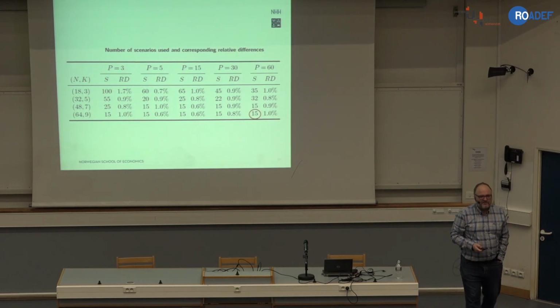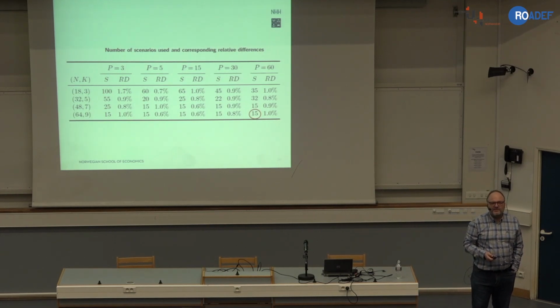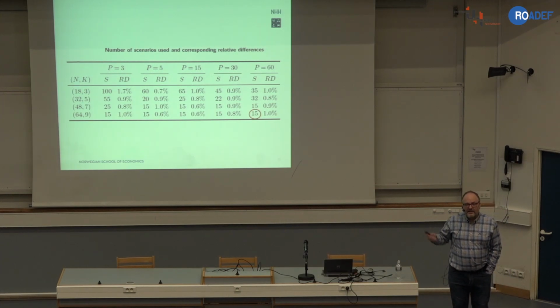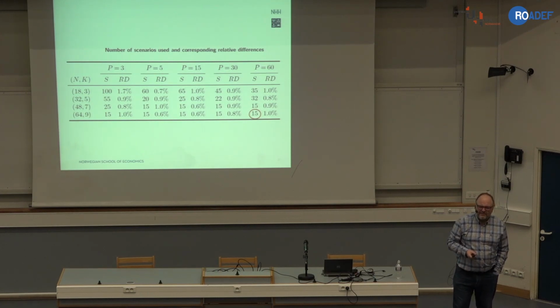Remember, I'm in dimension 25,000. Try to do numerical integration in dimension 25,000 and use 15 points. Doesn't sound right, right? This is something people have been wondering about for a long time, irrespective of my issue here. How is it that we can solve stochastic programs with so few scenarios and get good results, when you look at what we teach in numerical analysis, if any of you teach numerical integration?